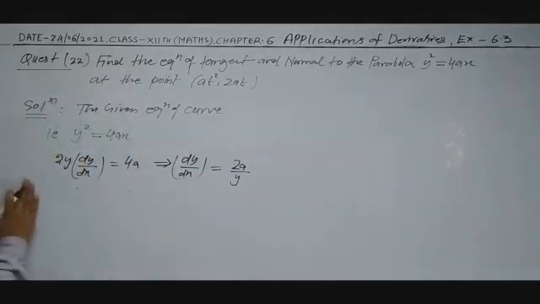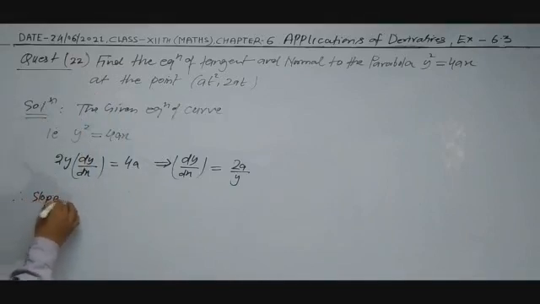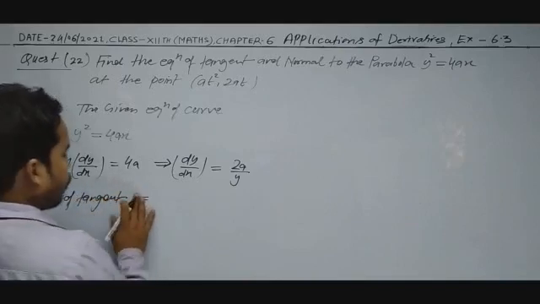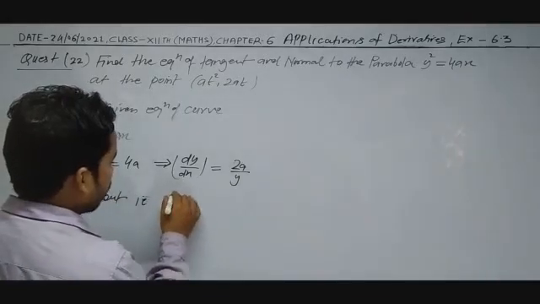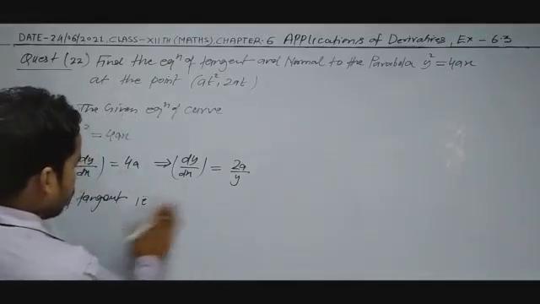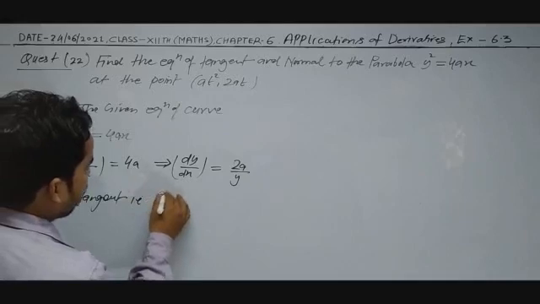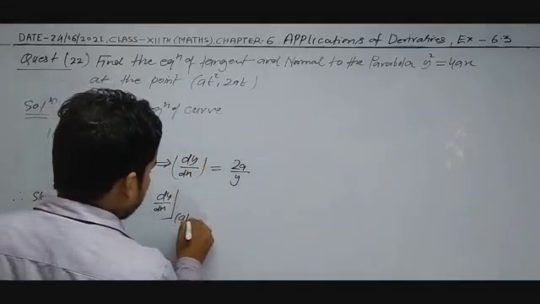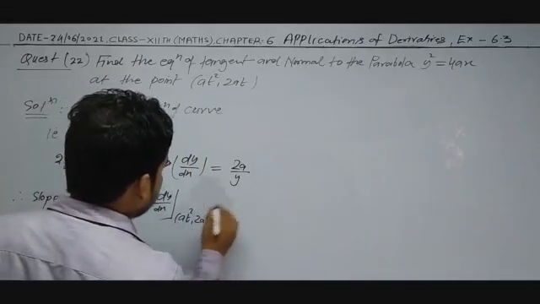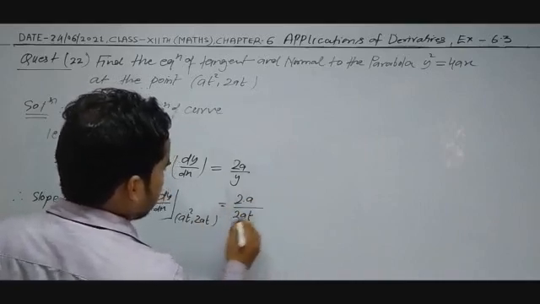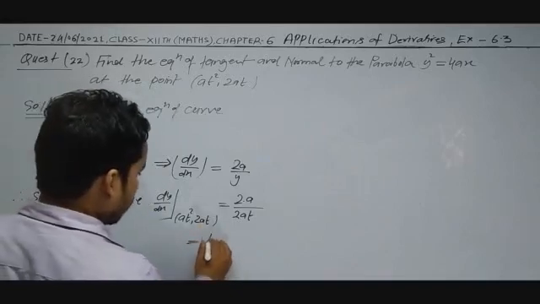This is the slope of tangents. Therefore the slope of tangent is 2a by y, and you can also write dy by dx at (at square, 2at) is equal to 2 times a whole upon 2 times at, and the result you will get is 1 upon t.